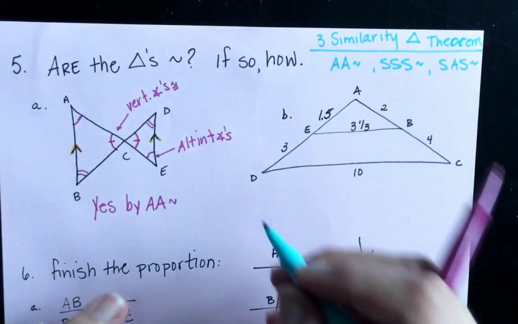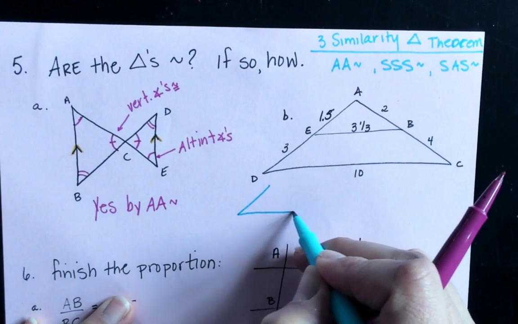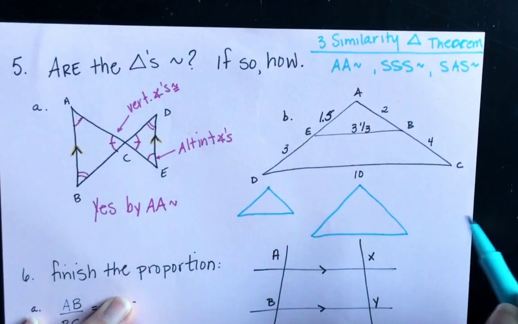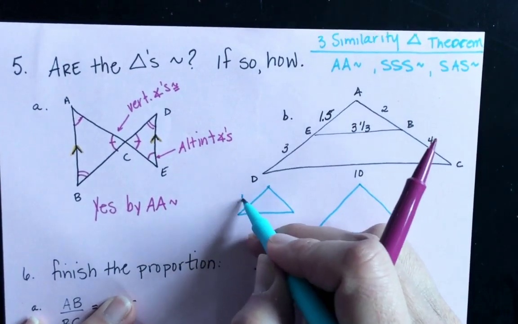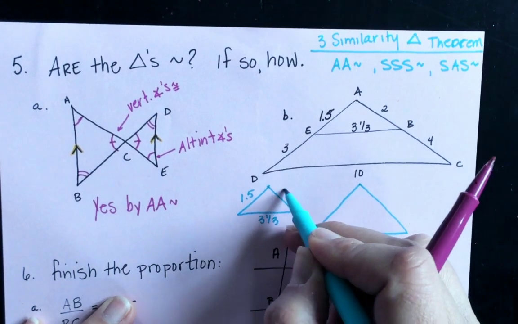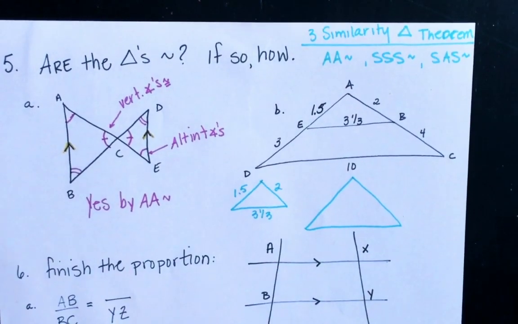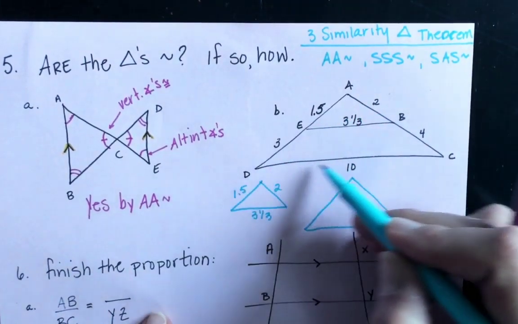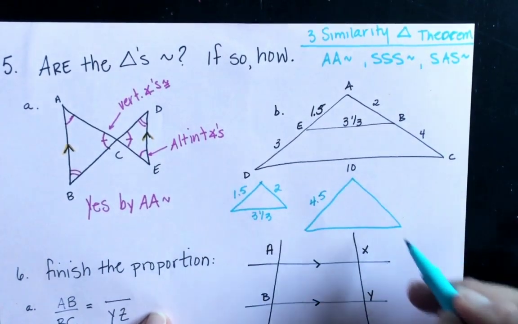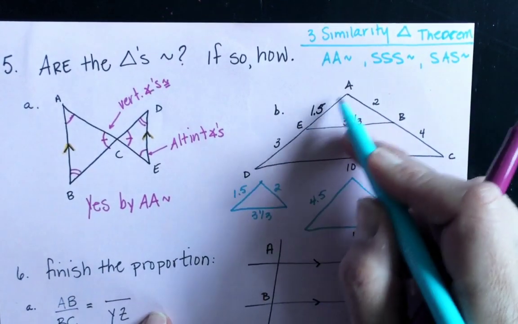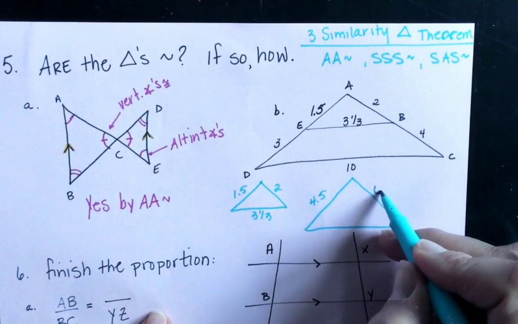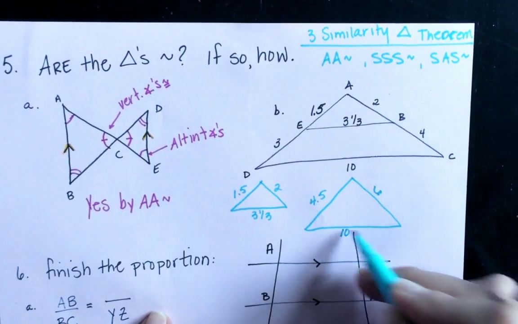What we need to do in this case is remember that we have to separate our triangles. We have this small one up here that's 1.5, 3 1/3, and 2. Then we have this big triangle, which here is 4.5, because 1.5 and 3 add up to 4.5. 2 and 4 add up to 6, and this guy down here is 10.